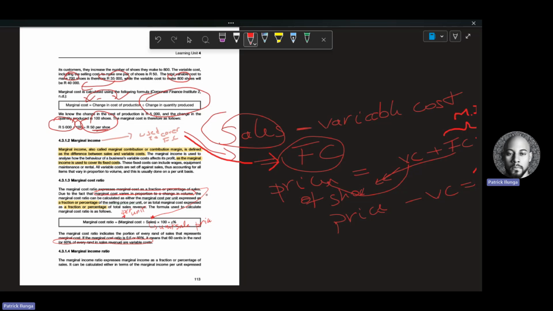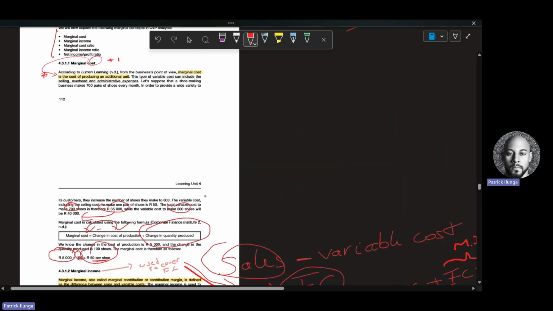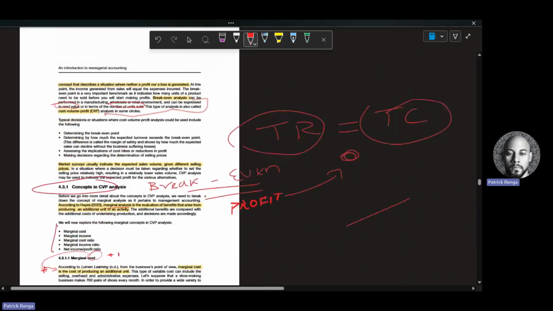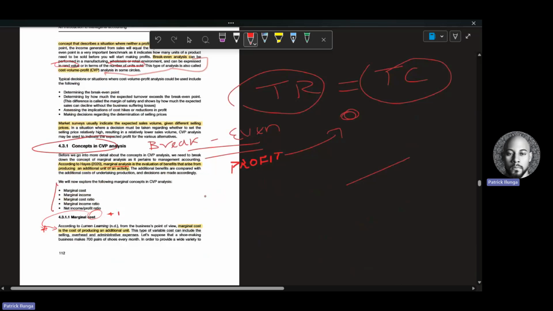Right. So when we were covering the CVP analysis, we covered concepts. In part 4 of the lecture series that I sent you, I'm covering the concepts in CVP analysis, which is cost, volume, and profit analysis.